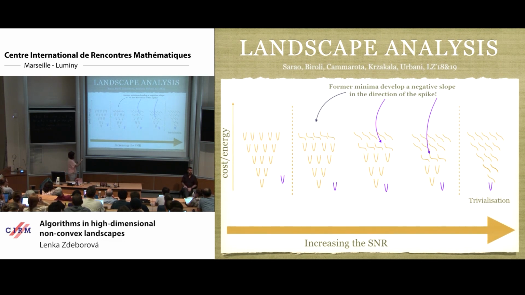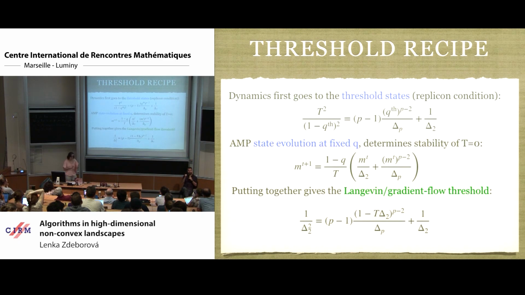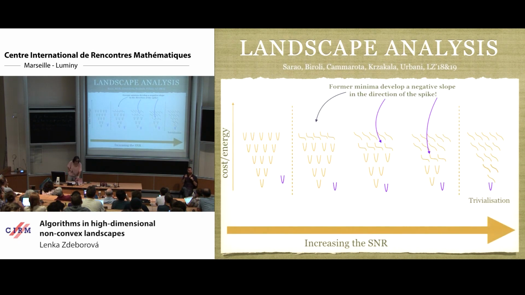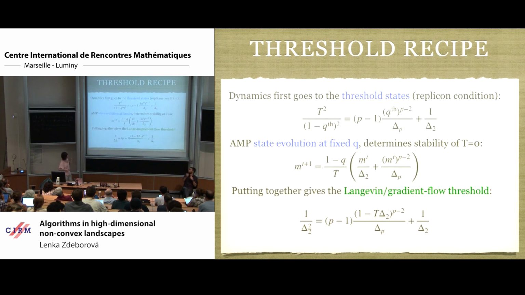We can get this line in several ways. And this is just one slide where we distilled the simplest recipe to get to the analytical expression for that line, which is this very simple expression just in terms of delta 2 and delta p.